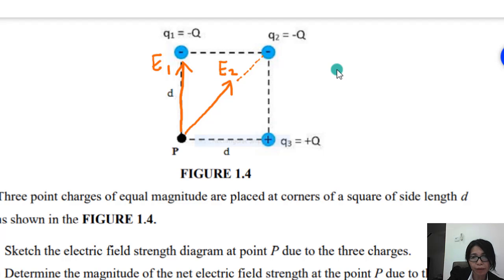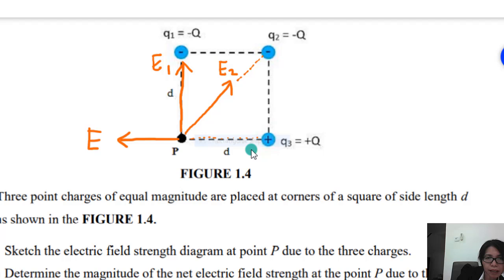And then we also have the electric field created by Q3. Q3 is a positive charge, so the electric field line will be outward, coming out from charge Q3. It will pass through point P going to the left.